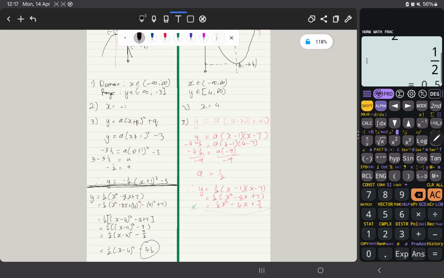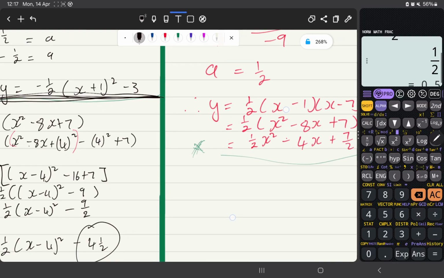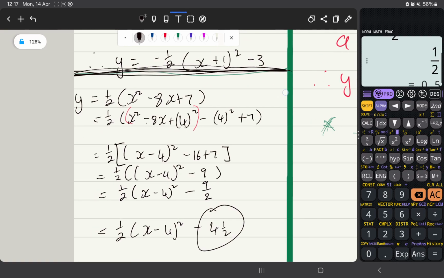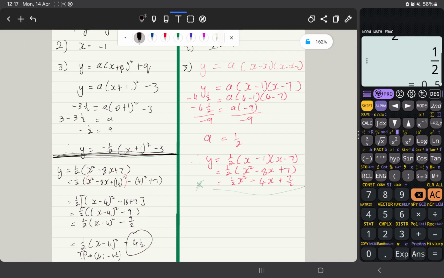It's 4.5, it's 4. It makes sense. Everything makes sense. If they were to ask what is the turning point here, looking at this graph, you're gonna say my turning point is 4 and minus 4.5. This is my turning point. Yes, so this is parabola, guys.